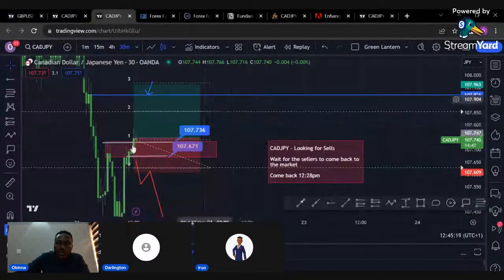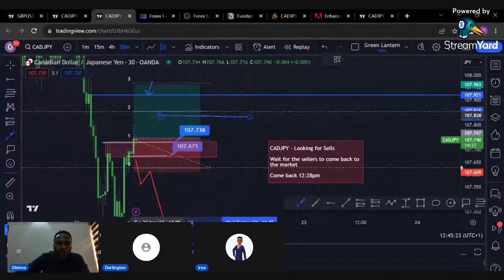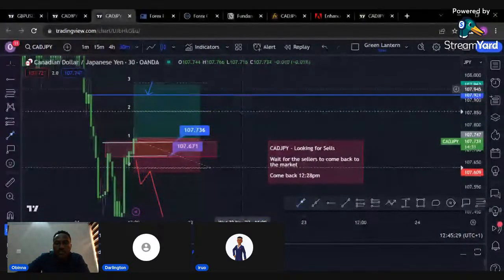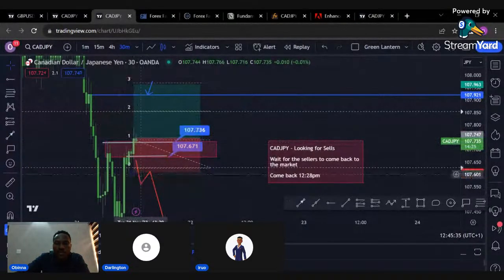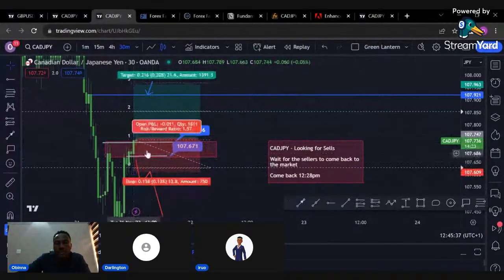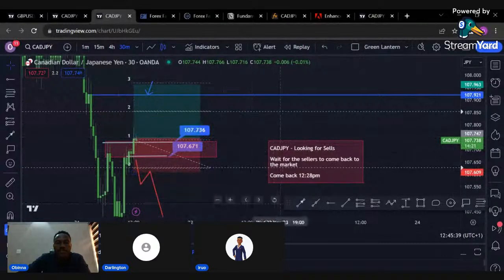So what I'm interested in is I want price to at least go to 1 to 1. That's what I'm interested in, 1 to 1. If it doesn't go to 1 to 1 and pulls back down, it is what it is.